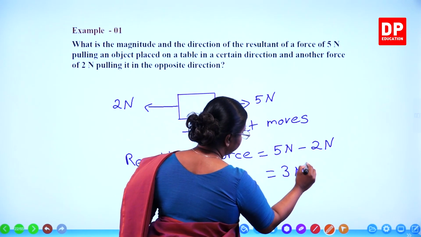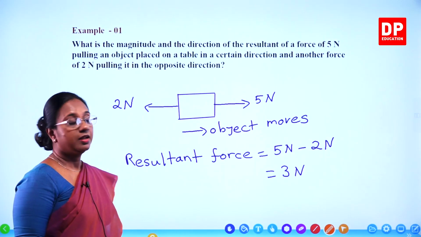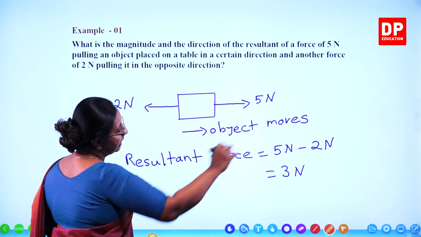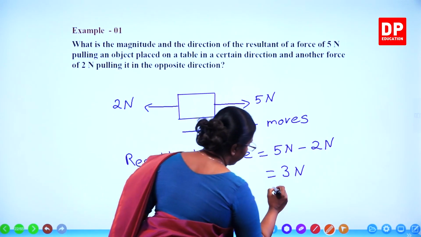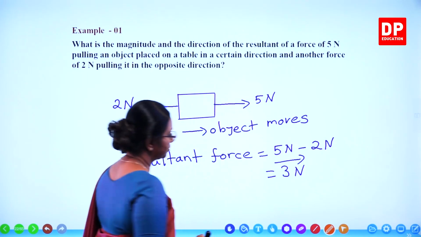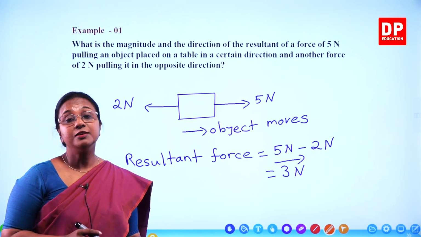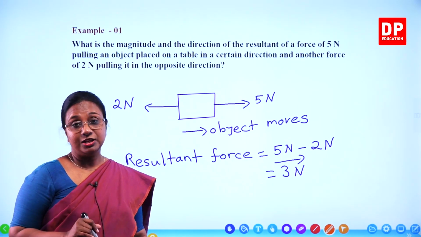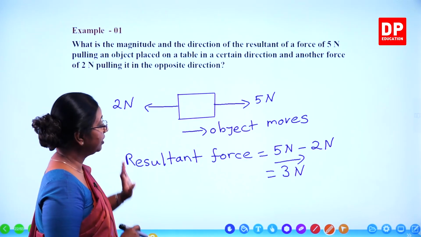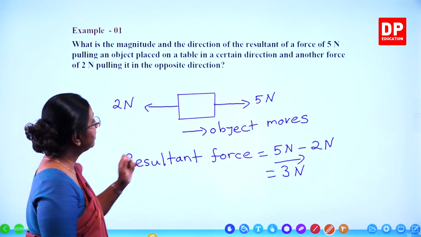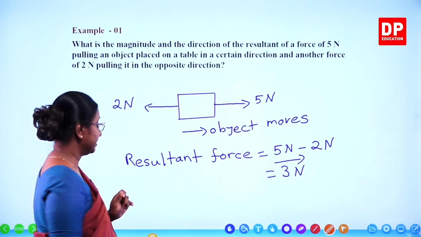So that is going to be 3 Newton. Resultant is in that direction. So if you want, you can show the direction as well. Resultant is going to be towards the 5 Newton force. So is that clear to you all students? This is how we do the calculation. Now we will move on to the exercise.